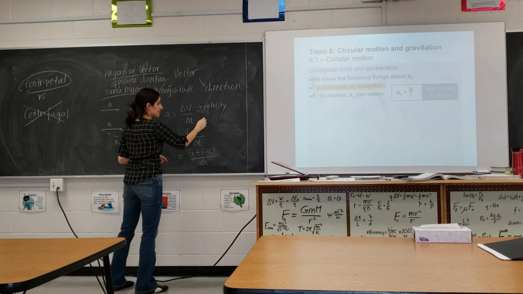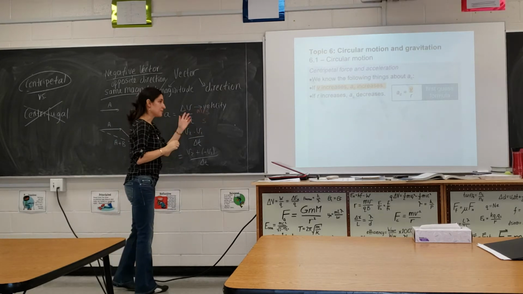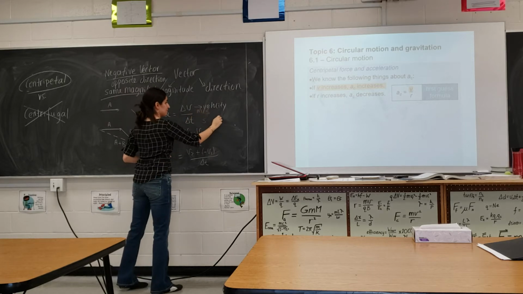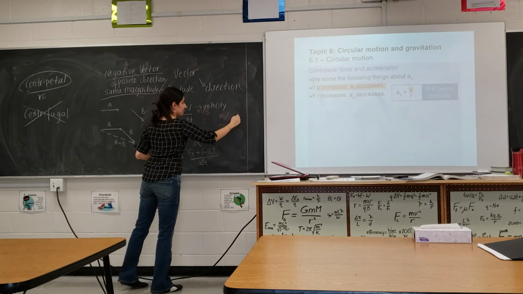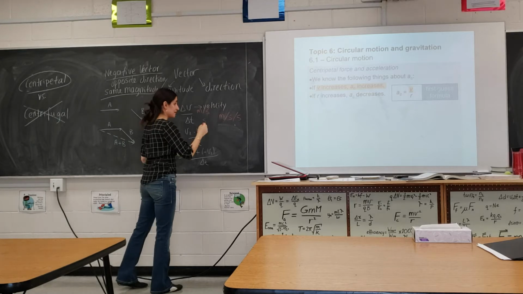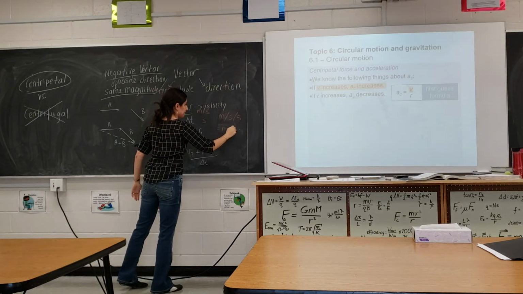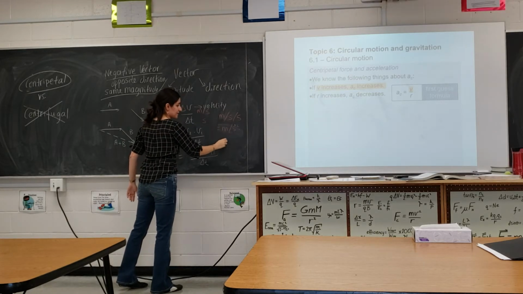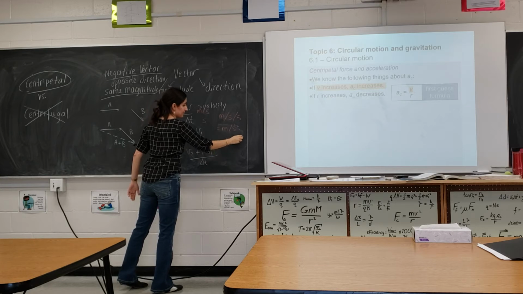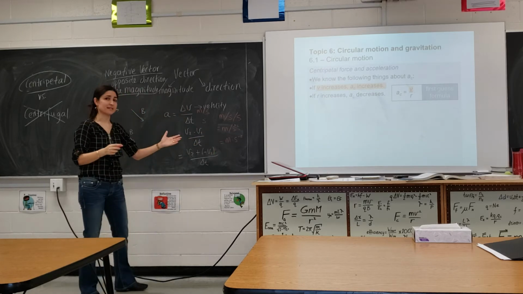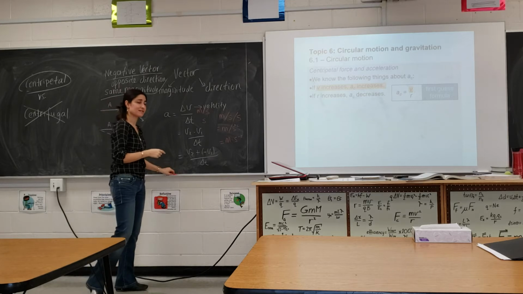Time is measured in seconds. Meters per second divided by seconds is meters per second squared, or the new way in which we're writing it, m times s to the minus 2. That's the unit for acceleration, so we know that formula makes sense.